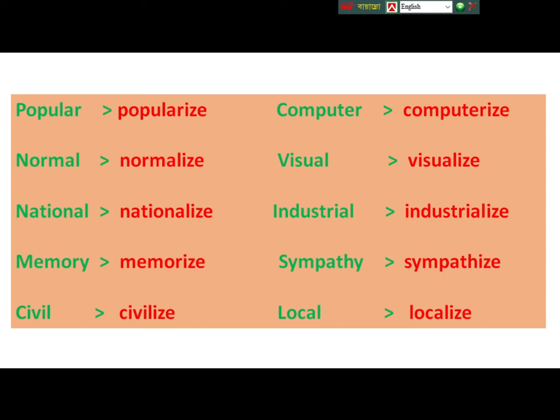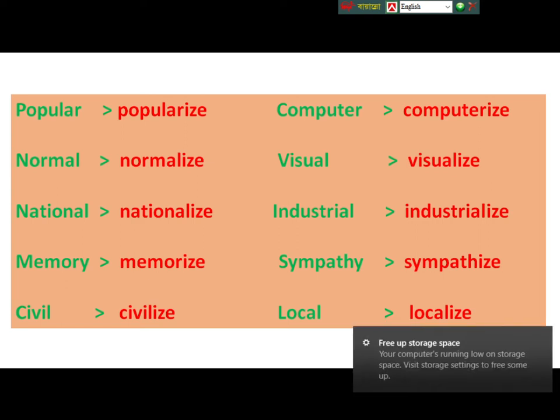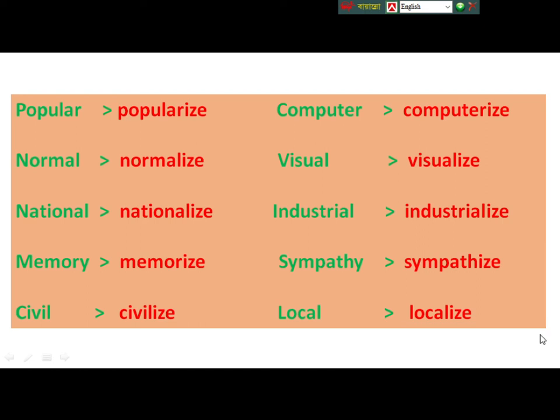Popular, popularize, normal, normalize, national, nationalize, memory, memorize, civil, civilize, computer, computerize, visual, visualize, industrial, industrialize, sympathy, sympathize, local, localize. Take a look at the words again.